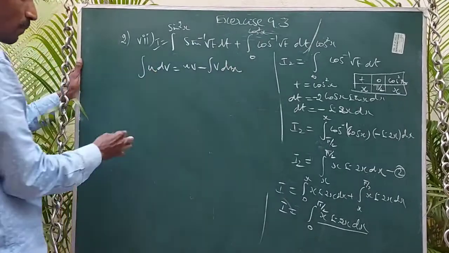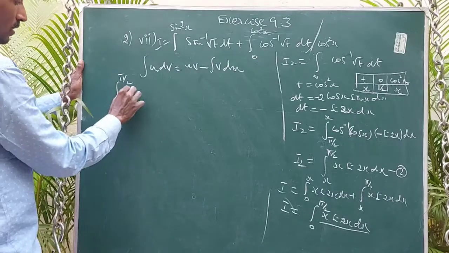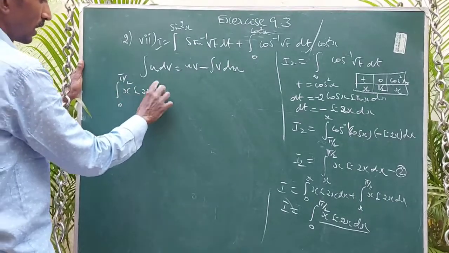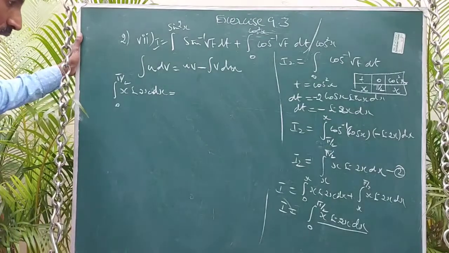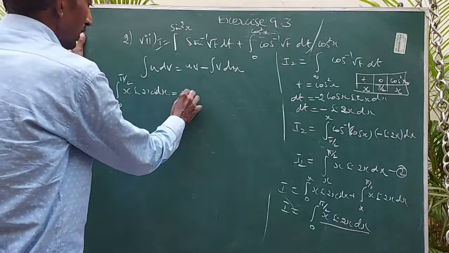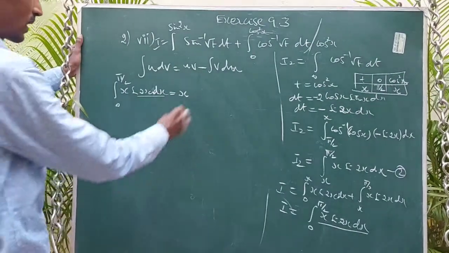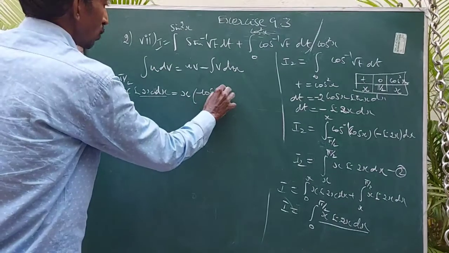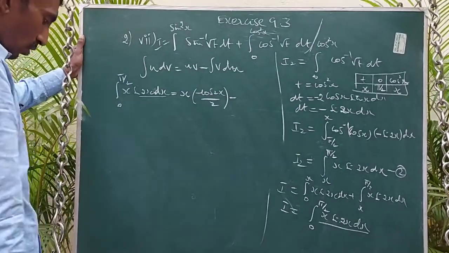If you apply that formula, u is x, and v means integration of sin 2x, that is minus cos 2x by 2.